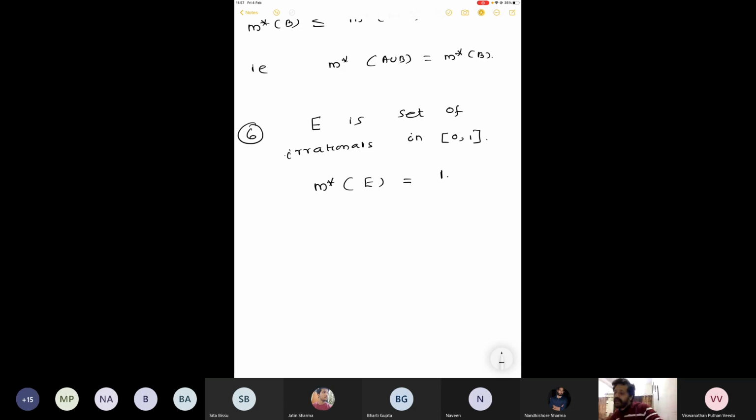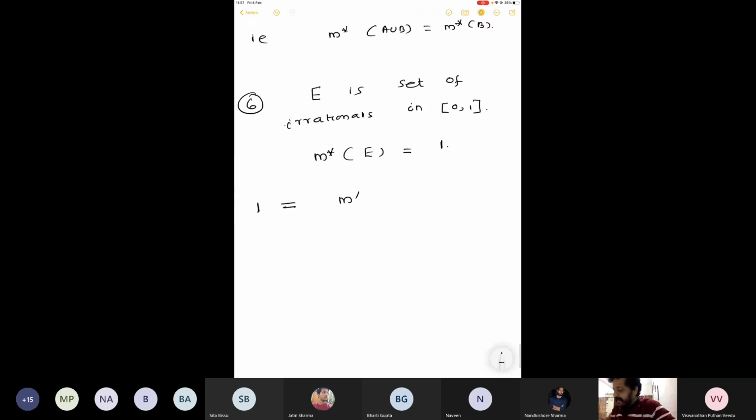And that happens. So 1 is equal to m star of 0, 1. 0, 1 is an interval, so outer measure is length. And this is equal to m star of E union 0, 1 minus E, where E is irrationals in 0, 1.